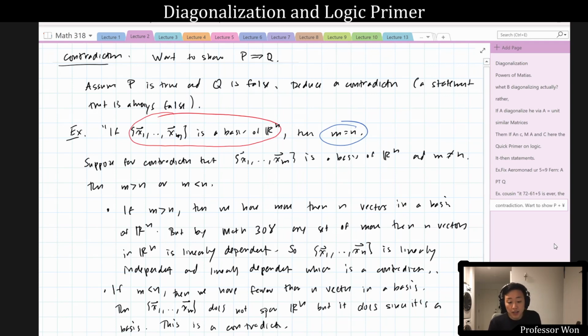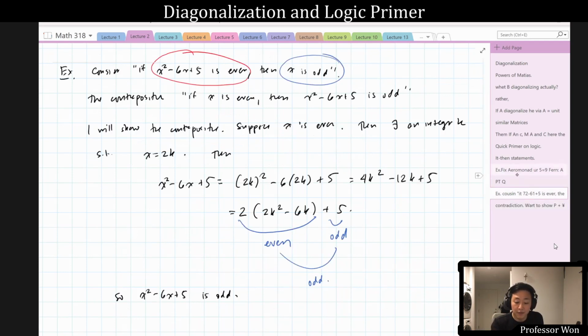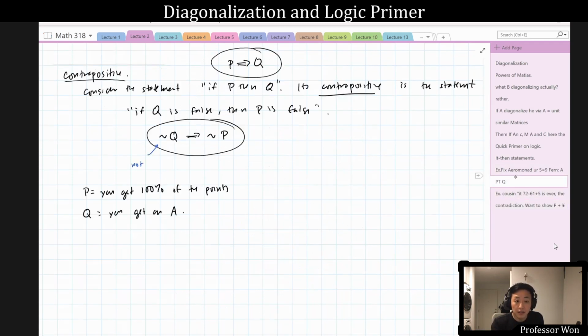Okay, so this was just a quick primer on logic because you will be asked to argue things, and it will be useful to have these tools in your toolkit as you argue them. Of course, in general, the hard part will be the linear algebra, but we want to make sure that we're somewhat comfortable with these different forms of argumentation. Nothing here is super fancy, by the way. These things are covered in Math 300, but they're covered in the first day of Math 300, right?